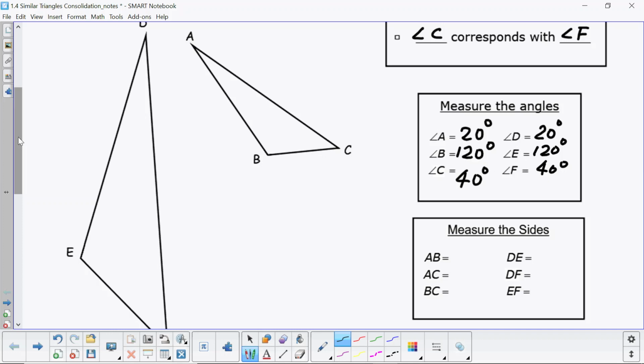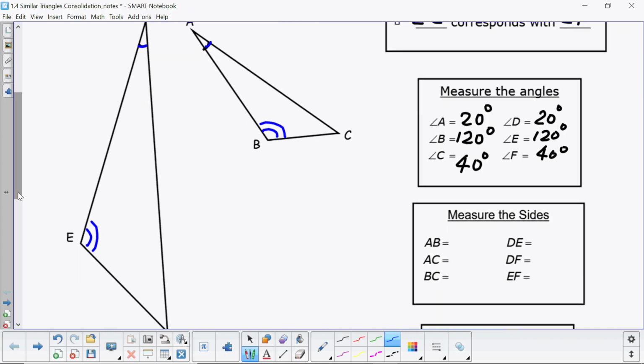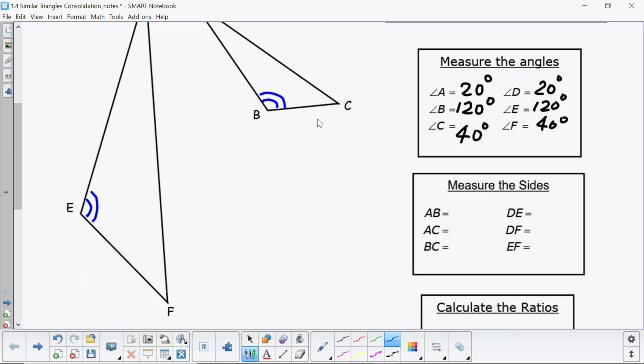So we label this property on the graph. We could use the same symbol for equal angles. So a single arc for these two angles being equal, a double arc for angle B and angle E. It means angle B equals angle E. And also we could use triple arcs here, or we could just use a dot.